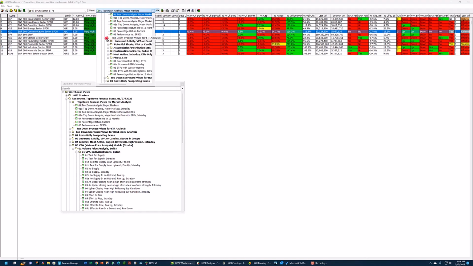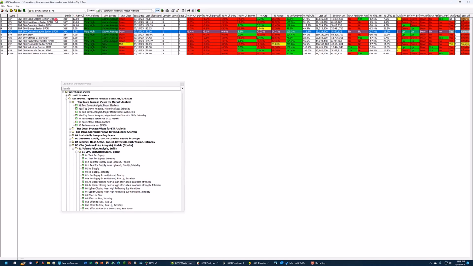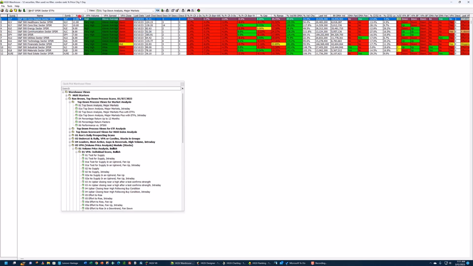I can just stay right here, because this lets all of the Spider sectors show through if I don't engage the filter.